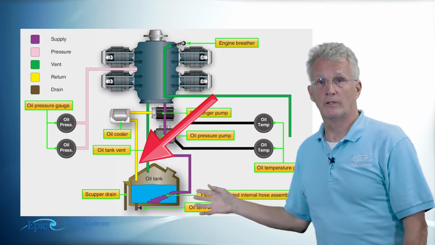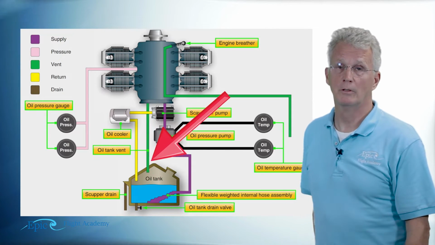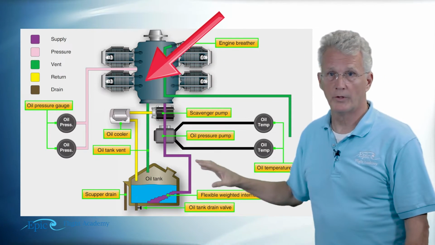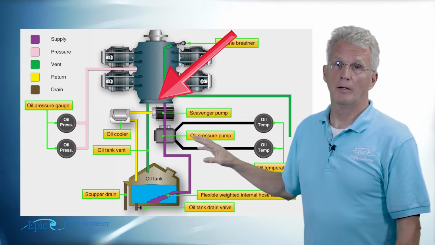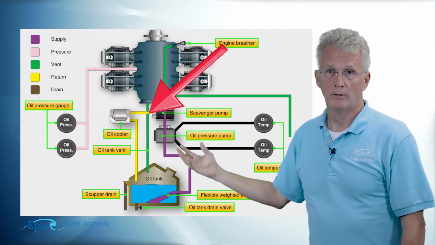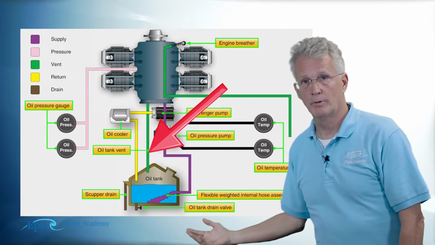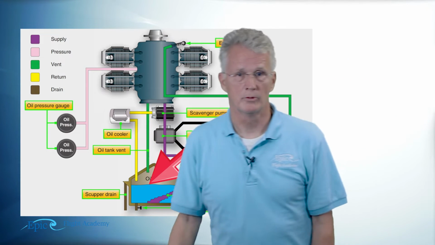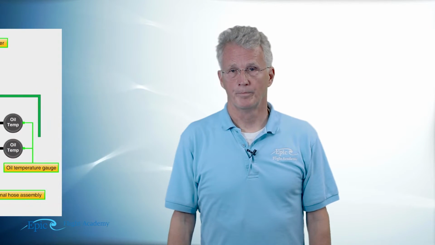From the relief valve, it travels into the engine, and it lubricates all the necessary parts, and then by gravity, splash and spray, drops back into the sump, where the cycle starts all over again.